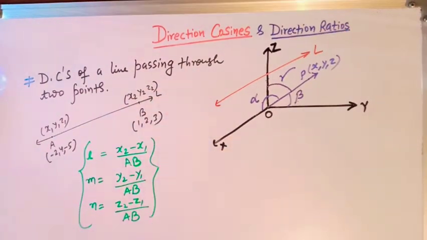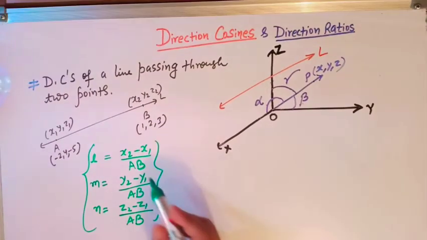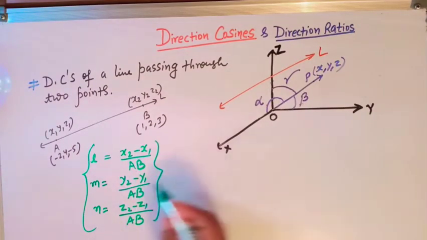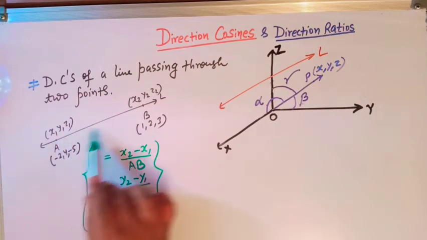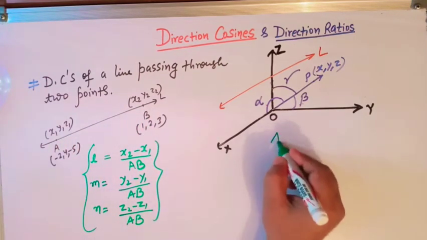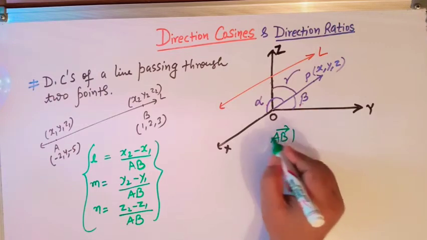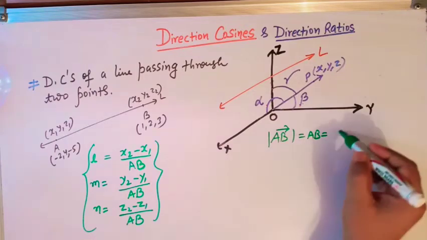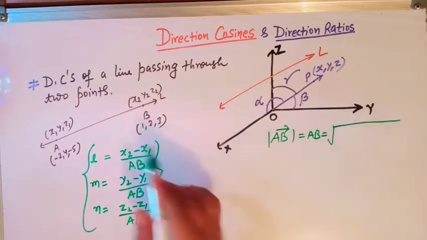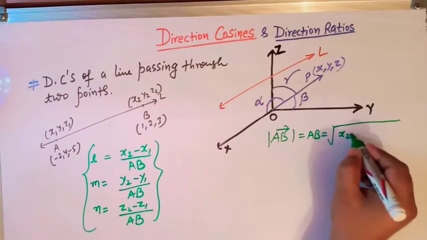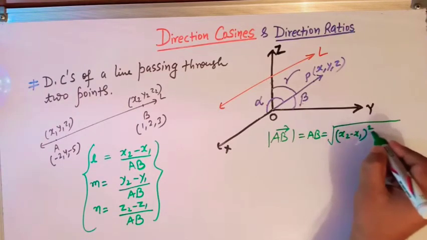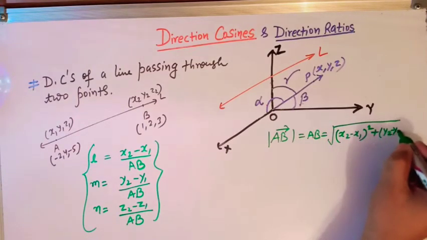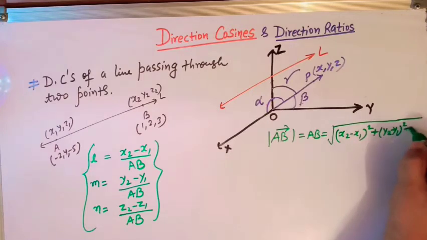So here the line is L. Now here let us first find the magnitude of vector AB, right? So this is AB, and AB is square root of x2 minus x1 square plus y2 minus y1 square plus z2 minus z1 square, right?